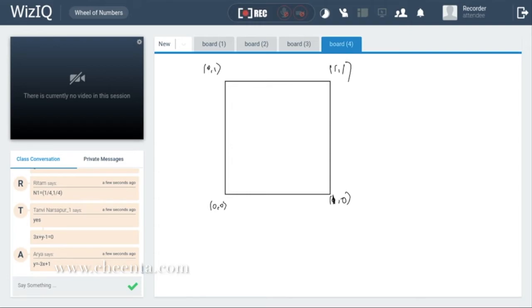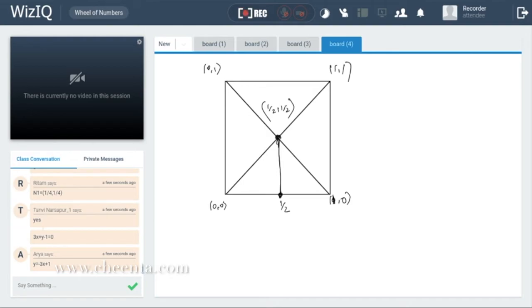We fold it along the middle, or rather we can also do this by joining the two diagonals. We get this point, which is (1/2, 1/2). Drop a perpendicular from here, so you can actually fold it along this line. You get the point (1/2, 0).